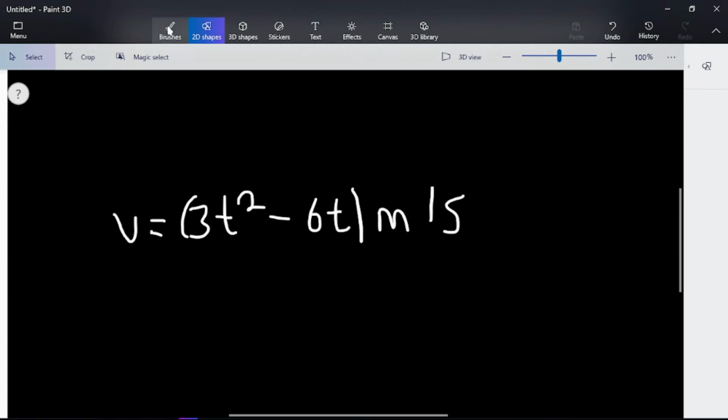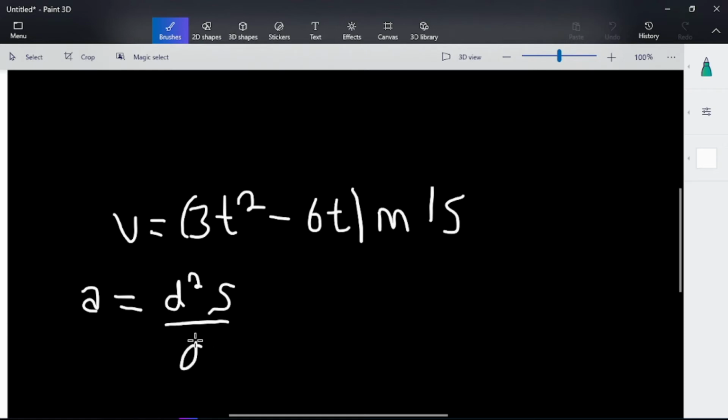I can say my acceleration is equal to d squared s over dt squared.